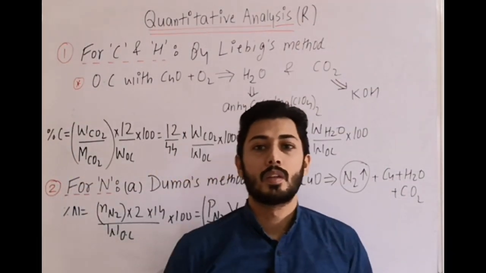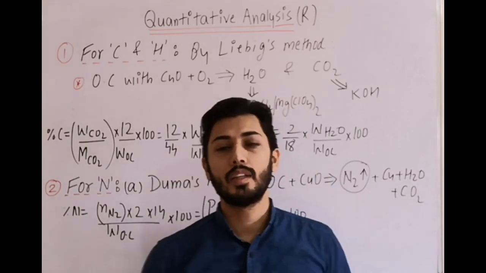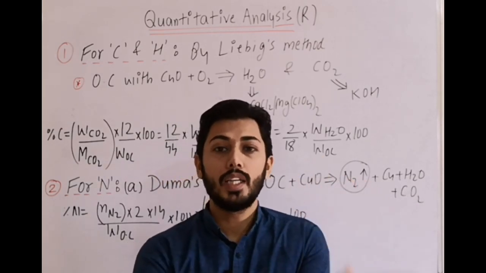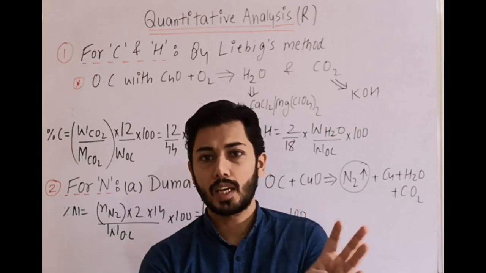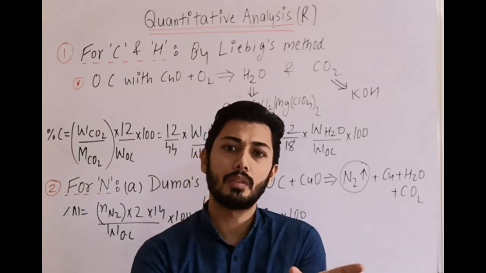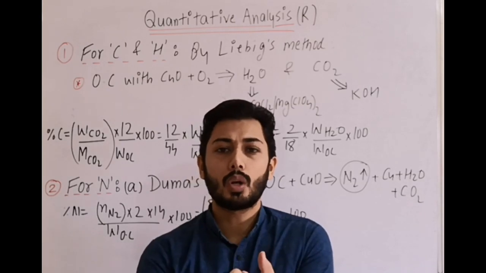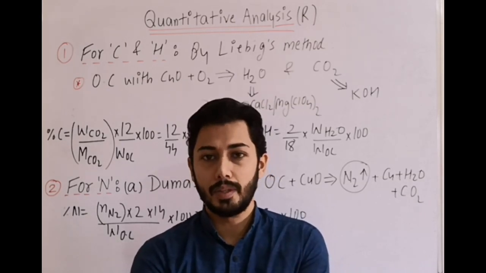Hello students, in our today's revision topic we are going to talk about quantitative analysis. The last topic we covered was qualitative, in which we discussed the identification of elements like carbon, hydrogen, nitrogen, sulfur, halogen and phosphorus. Now today we will talk about how to find the percentage of particular elements.